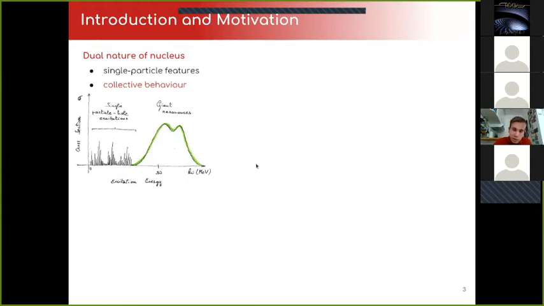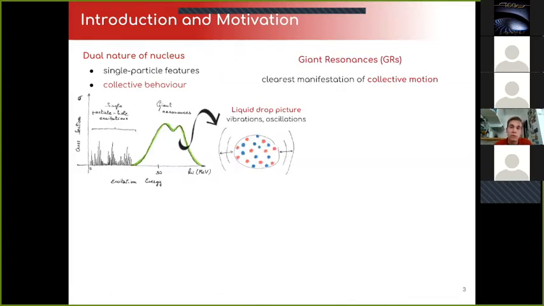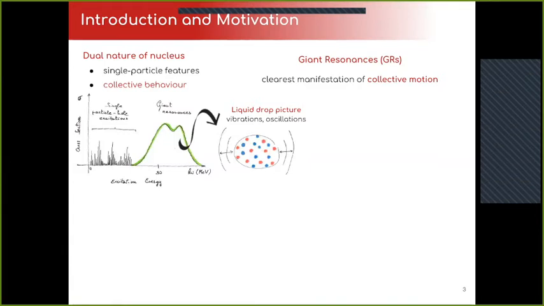The low energy excitations are discrete ones and are explained in terms of single particle-hole excitations, while for higher energies, a continuum spectrum referred to as the giant resonance region appears as the clearest manifestation of the nuclear collective motions. This is best described, or at least imagined, in terms of the liquid drop picture, where you can imagine that the nuclear surface is vibrating and oscillating as a whole.